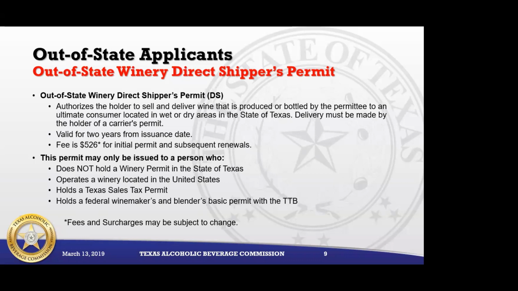However, they may not hold a winery permit in the state of Texas. The permittees are required to have a Texas sales tax permit and a federal winemaker's and blender's basic permit with the Alcohol and Tobacco Tax and Trade Bureau, better known as TTB. That's one of the items we had discussed previously in planning processes prior to submission of your application.